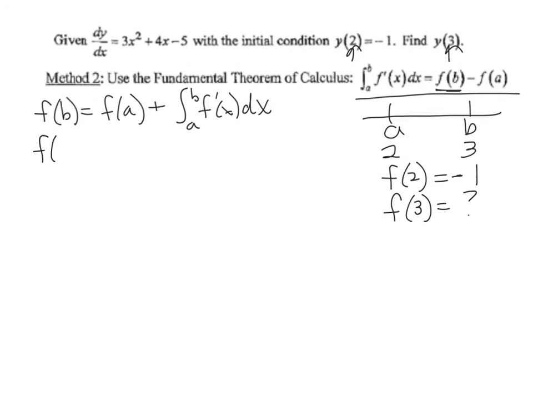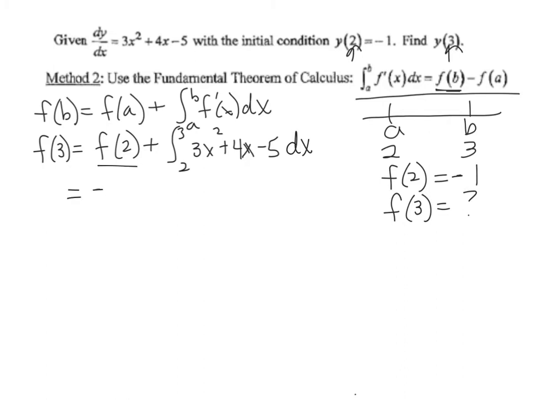So f of 3 is equal to f of 2 plus the integral from 2 to 3 of 3x squared plus 4x minus 5 dx. Okay, so I know what f of 2 is because that's given.